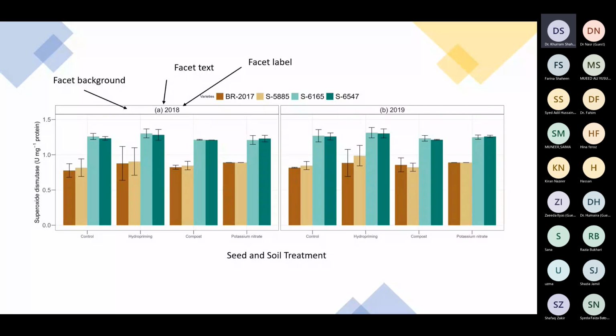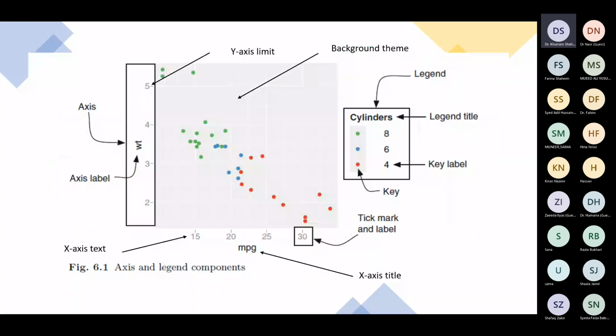So anyone have confusion with that component of graphs? I said earlier that our MS students must know what components a graph has. They must understand what legends, title, labels and key mean.